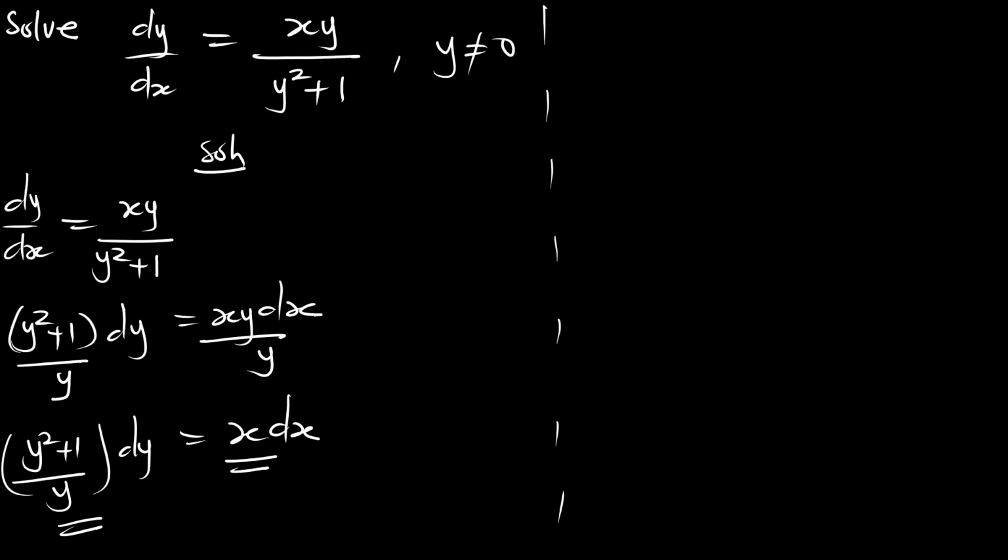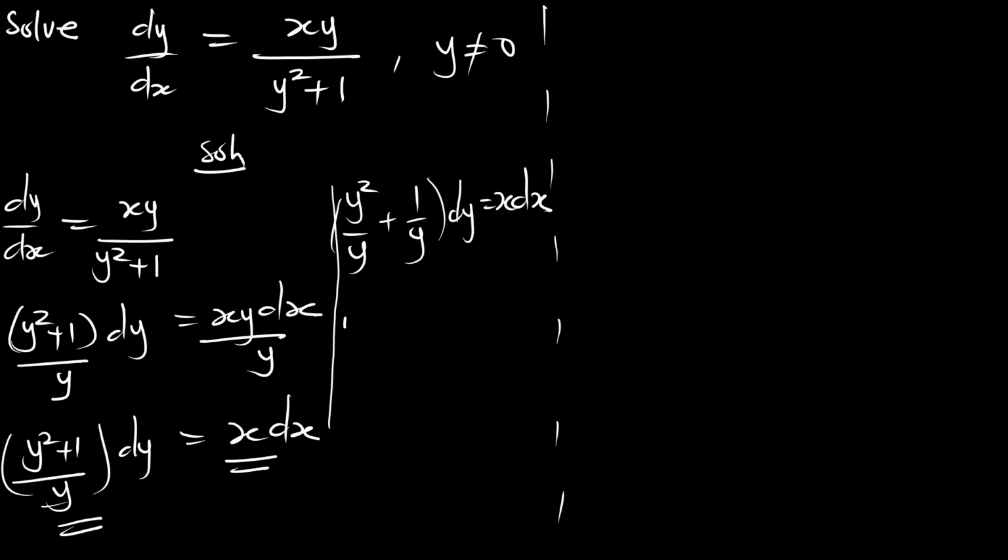Remember, I can divide both sides by y. So y squared on y plus 1 on y for the dy side and x dx, which is later going to give me y plus 1 on y equal to x dx. So this is the simplest form.